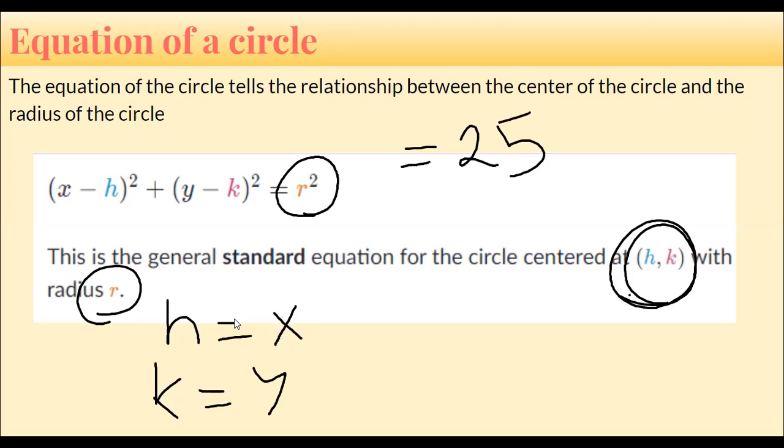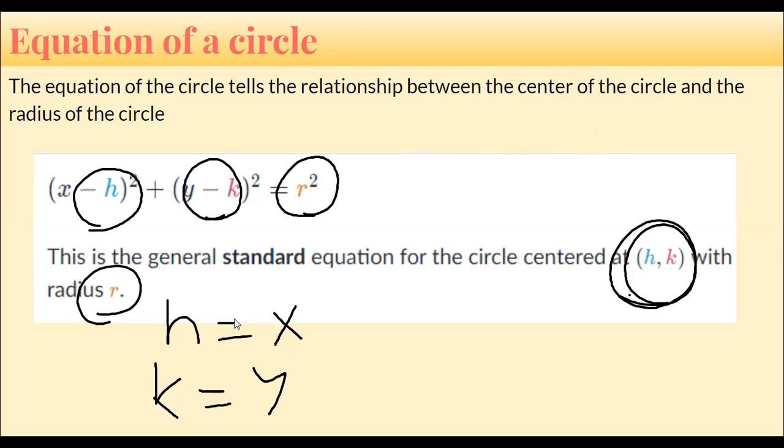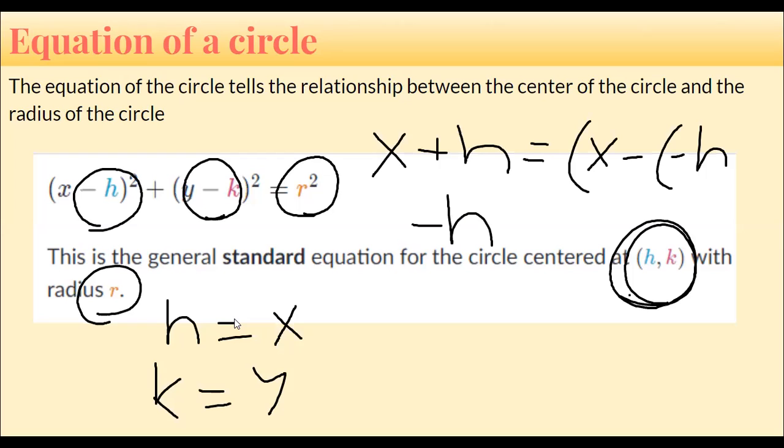No, the radius is equal to the square root of 25. That is equal to 5, right? And some people might forget that both of these are negative, right over here, negative h, negative k. So if you're given x plus k in some example, the x value of the center is actually negative k, because this is essentially equal to negative h, right?